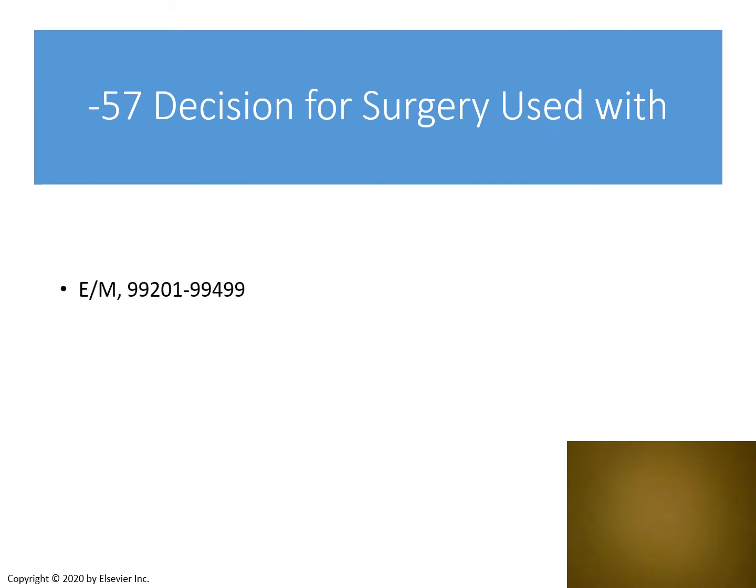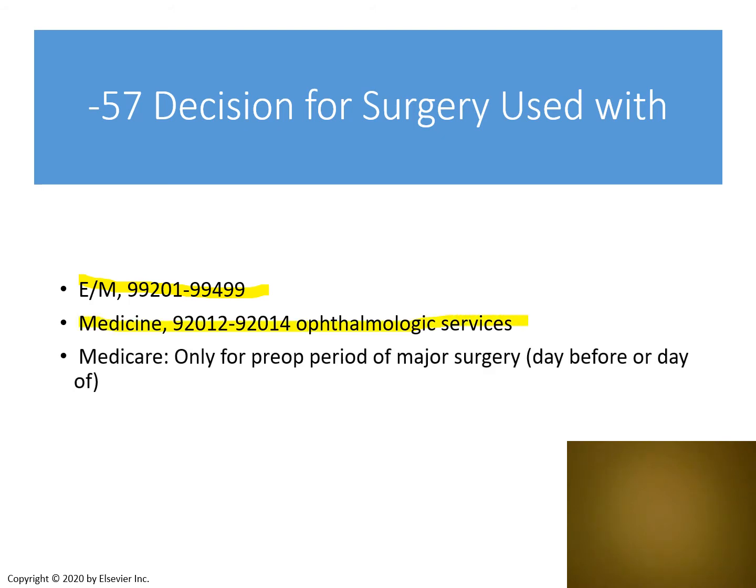Decision for surgery is used with evaluation and management codes only, okay? With the medicine section as well. So decision for surgery, for example, would be, say that someone went to the doctor with a very bad sore throat, and the doctor examines the patient and says, you know, you have a really bad tonsillitis.